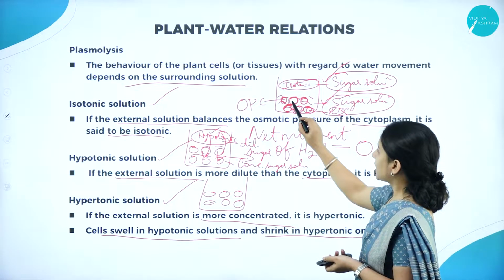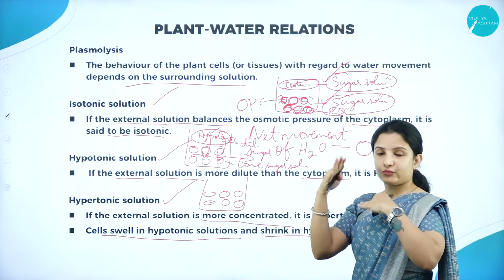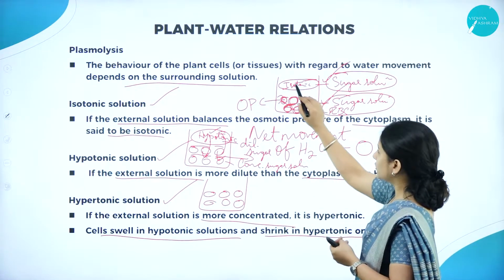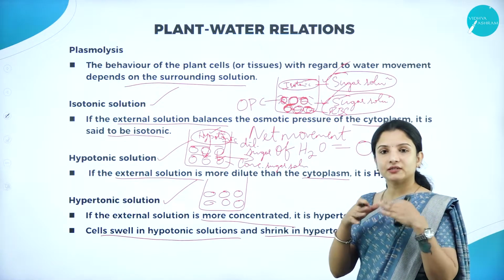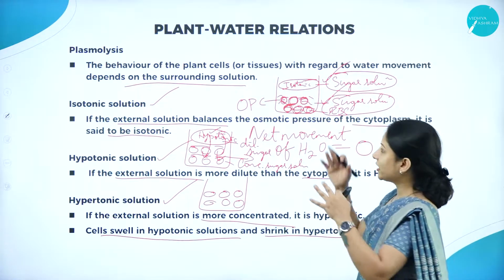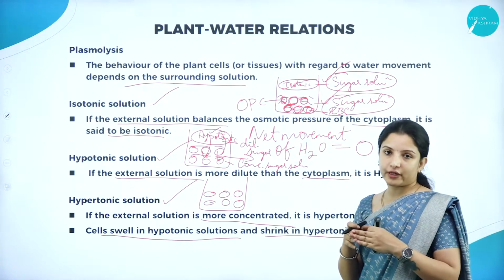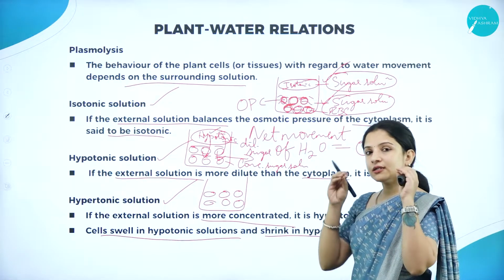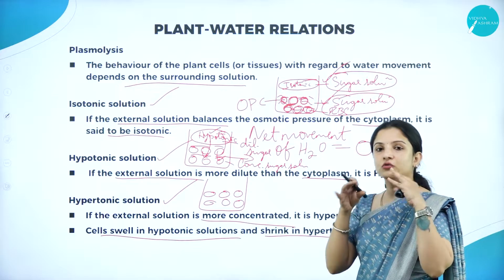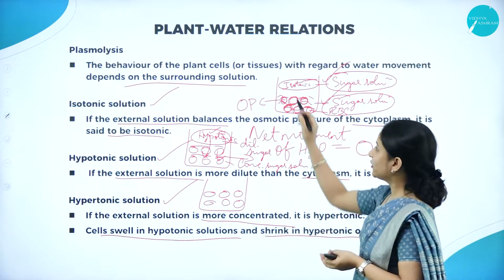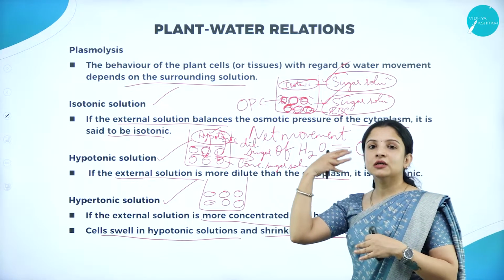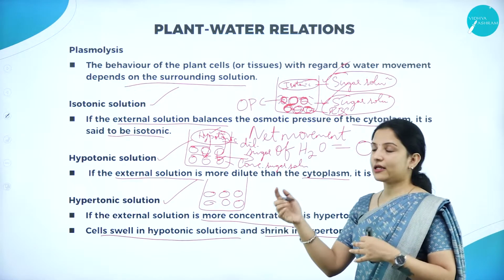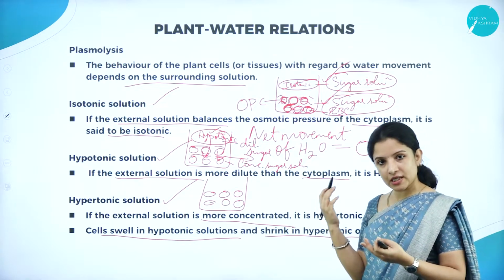Since the concentration of sugar solution in both regions is the same, the amount of water molecules present will also be the same, right? So there is no net movement of water, and the size of the raisins that have been soaked will remain the same, because the water is neither absorbed by the raisin nor lost by the raisin. That is why the net movement of water will be zero.